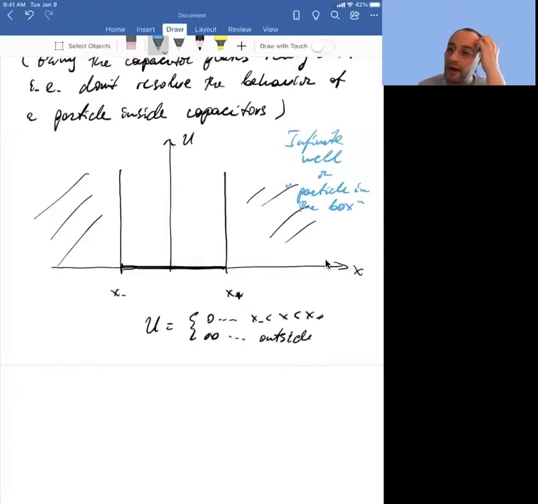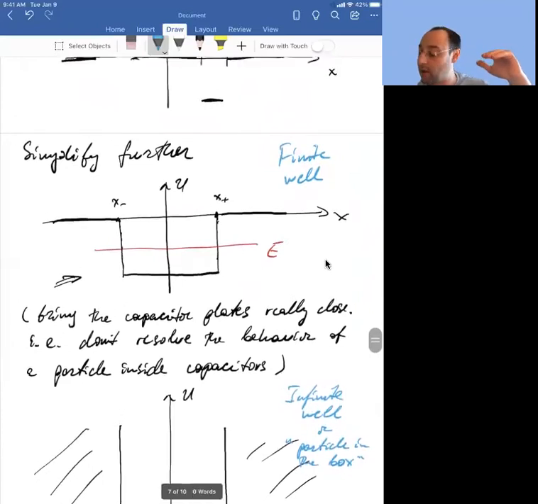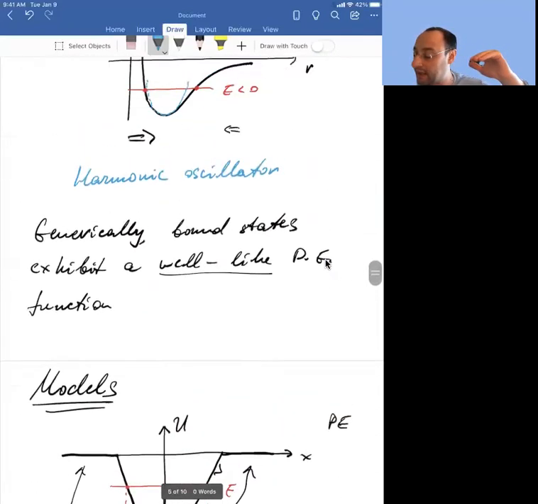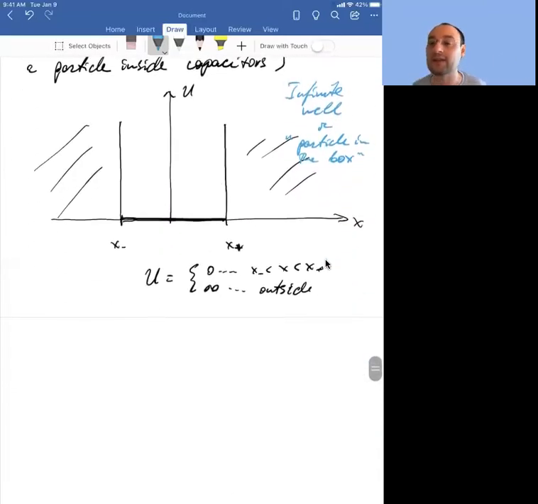Before I do this, I want to tell you it might seem like we stripped so many details that this is too artificial. Here's why we're doing this. It turns out that this problem will have certain features, and those features are found in more realistic problems, and even in more realistic problems, and even in more realistic problems. So this is a great model.